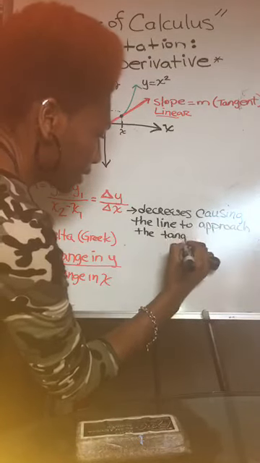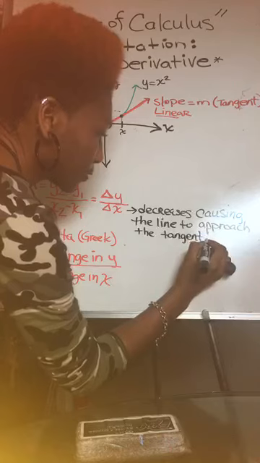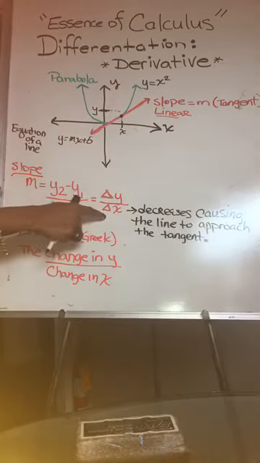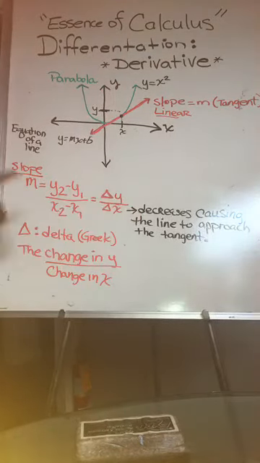Remember, I mentioned the tangent previously. So this is very important. So the change in x decreases, causing the line to approach the tangent.